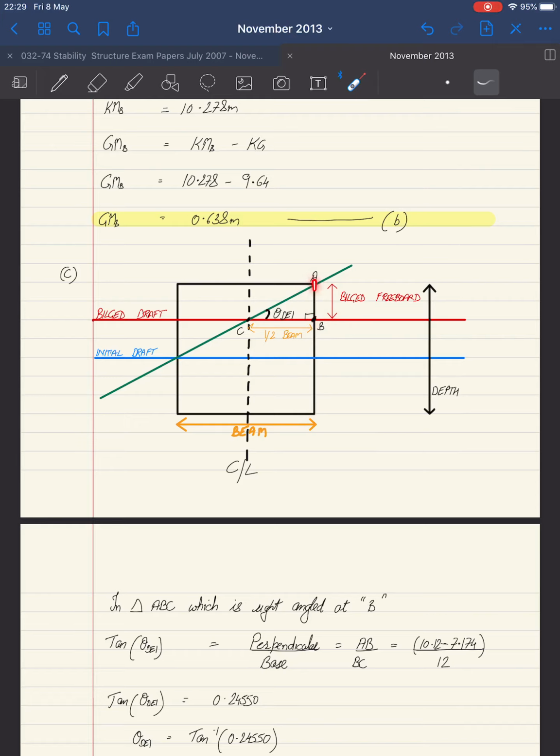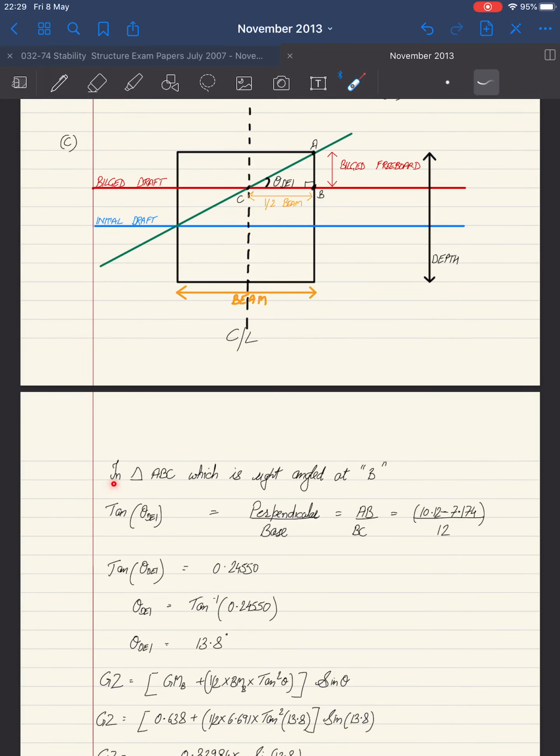So AB is equal to the bilged freeboard. Now this entire thing was the beam of the vessel, and this is the center line passing through the center. So BC is exactly half the beam of the vessel, because this was the entire beam and this was the center line.